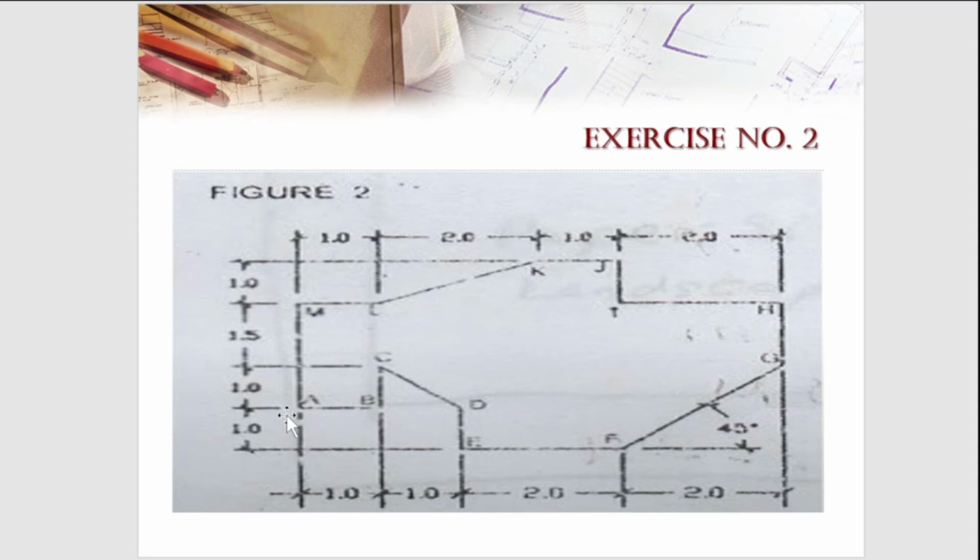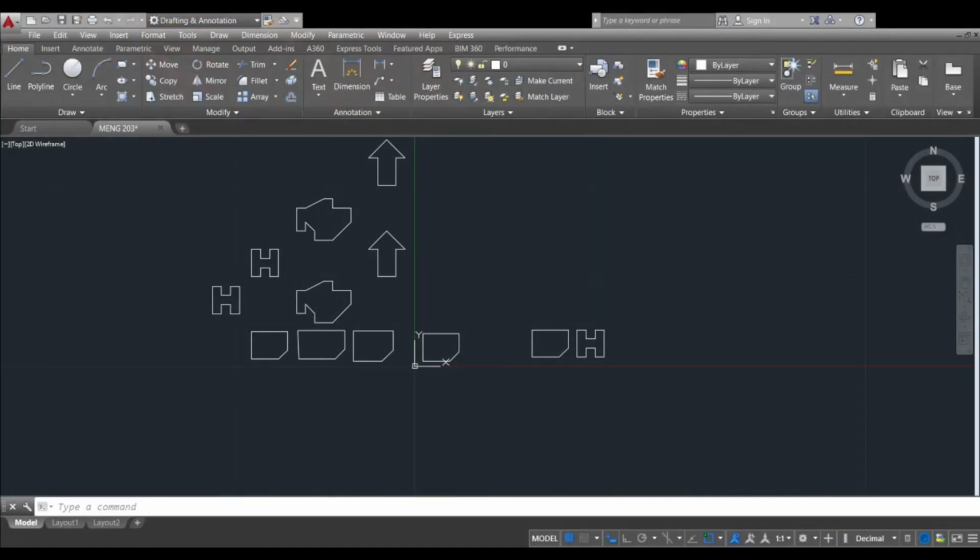Okay, so let's start at point A. Let's assume that our first point lies at 15 comma 6.